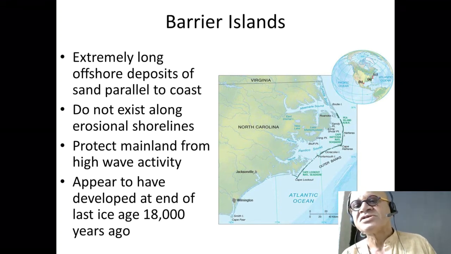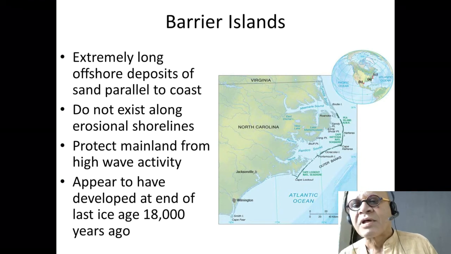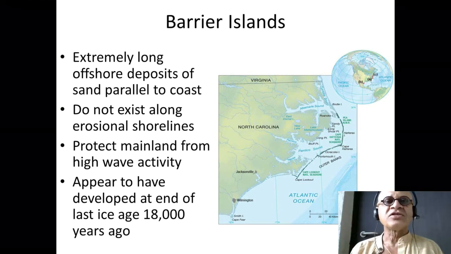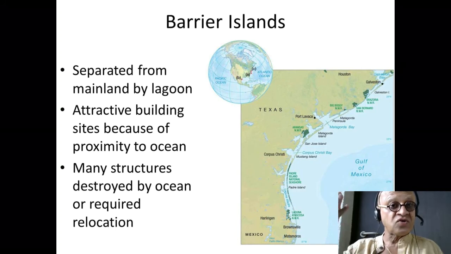Cape Hatteras, Cape Lookout, National whatever. Okay, so lots of depositional features all along the coast. And here are some more in the Gulf of Mexico. So the East Coast, including the Gulf of Mexico, is a depositional coast.